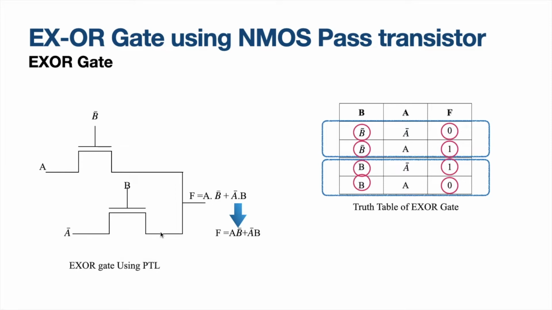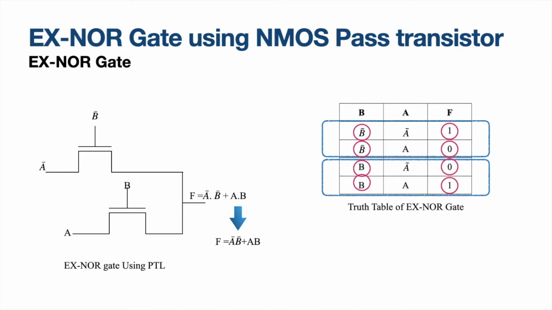With these assumptions, let us start deriving the expression for this circuit schematic. So F should be equal to A into B bar plus A bar into B. This is the expression, which is nothing but A B bar plus A bar B. This is the expression of a simple XOR gate. We directly derived it.